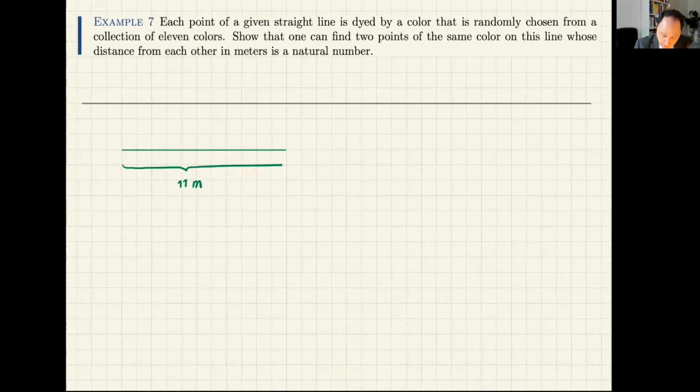And then I have these points. How many points do I have? I have 12 points, hopefully. Am I right? Let me count once: 1, 2, 3, 4, 5, 6, 7, 8, 9, 10, 11, 12.